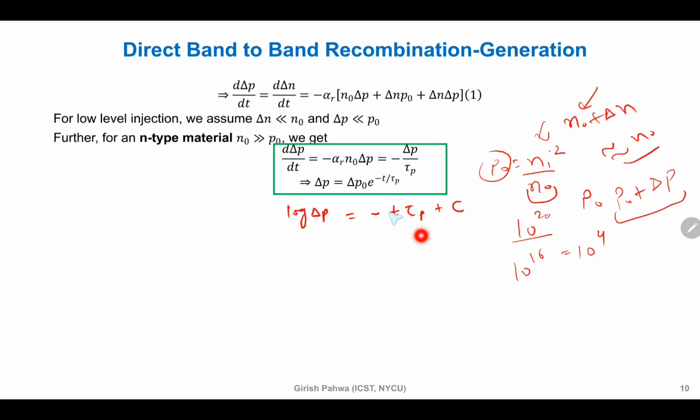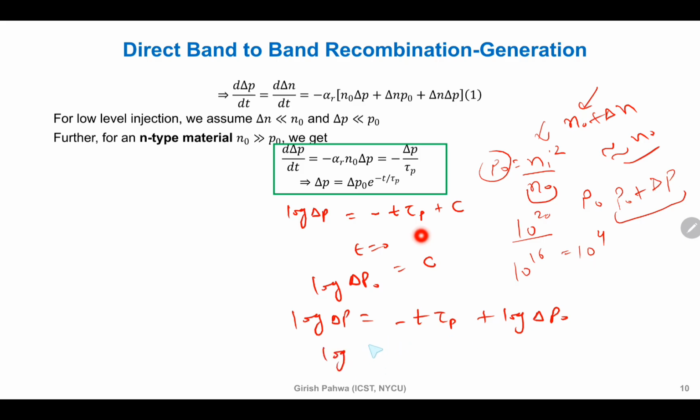And the integration constant, if I calculate at t equal to 0, say my delta P is delta P naught. So t equal to 0 will become 0 here, leaving C as log of delta P naught. So what do I get? Log of delta P is equal to minus t by tau P plus log of delta P naught.